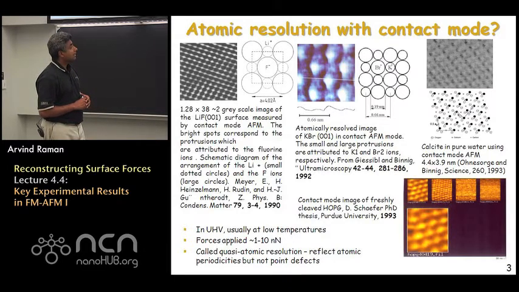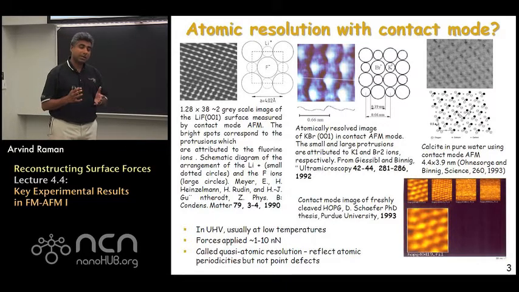So what was interesting about this image was that it was taken at an applied force of about 10 nanonewtons. And of course, all these experiments to achieve atomic resolution in the early days required one to operate not only at cryogenic temperatures, but also certainly in ultra-high vacuum.